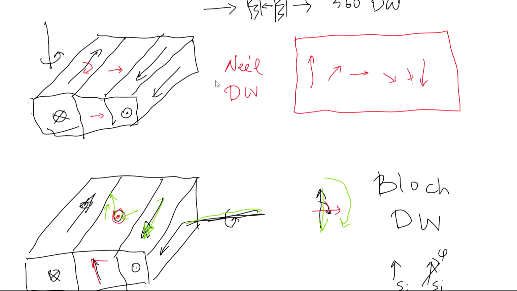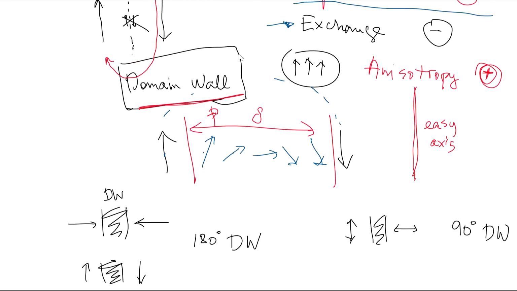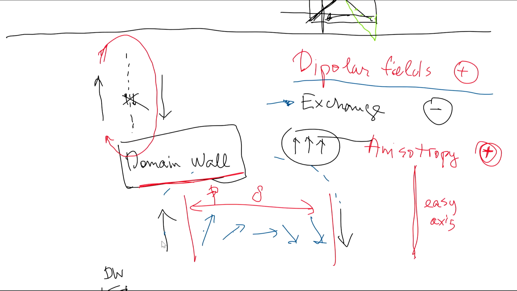There is anisotropy energy that wants magnetic moments to be aligned along certain directions. And there are also dipolar forces that favor the opposite, antiferromagnetic alignment of magnetic moments.